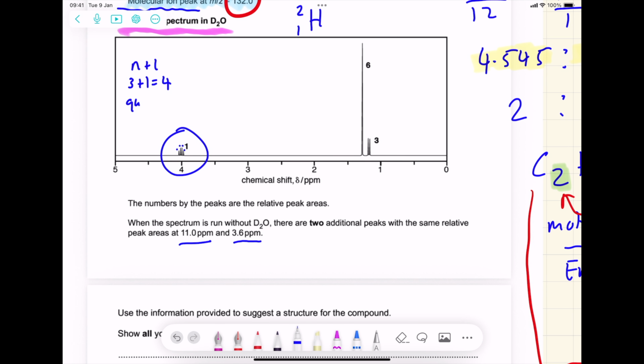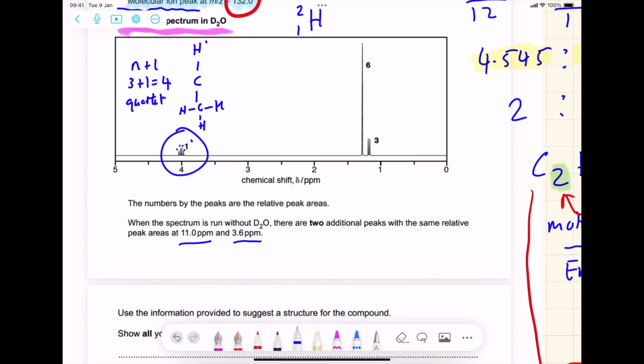That would make a quartet. So we can have this sort of piece somewhere, where that's the hydrogen, and it must be attached to a carbon which has 3 hydrogens like so to create that quartet. So that piece of the jigsaw is going to be in the molecule somewhere.